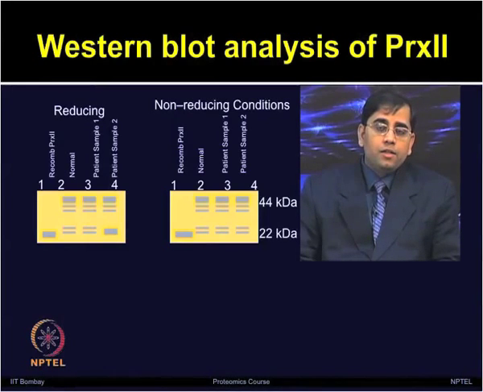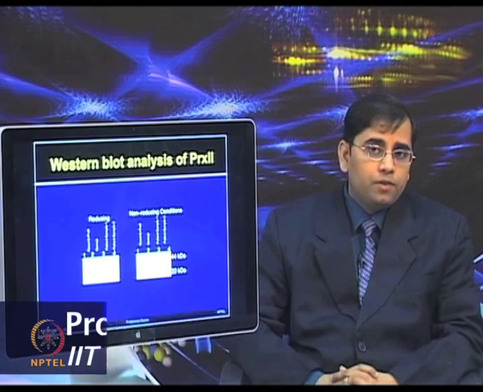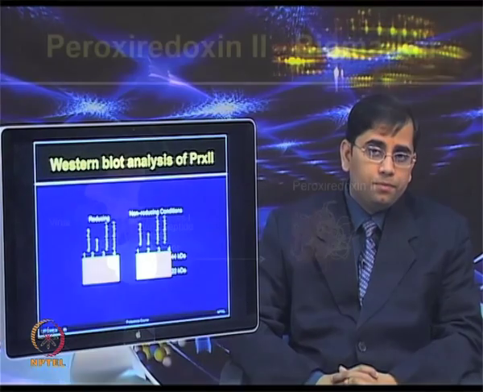The Western blot result showed that PRX2 is present in the monomeric form at 22 kilodalton, as you can see from the molecular weight mentioned in the slide, in the reducing condition, and in the dimeric form at 44 kilodalton under the non-reducing conditions. These results demonstrated that 4 out of 20 SARS probable cases and 4 of the 20 SARS suspected cases showed higher upregulation of plasma peroxiredoxin 2.